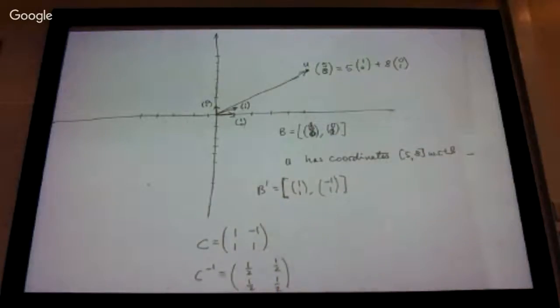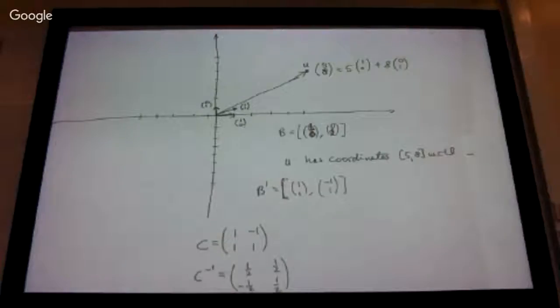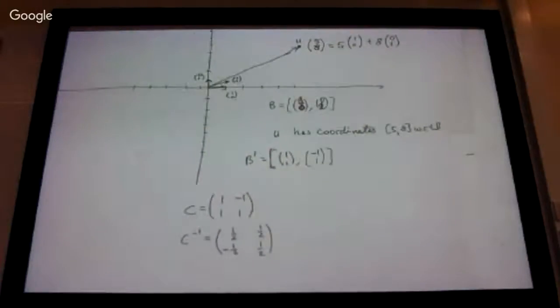Then there has to be a minus somewhere. So yeah. Okay, that's the inverse. Because when you multiply them, you get the identity matrix.